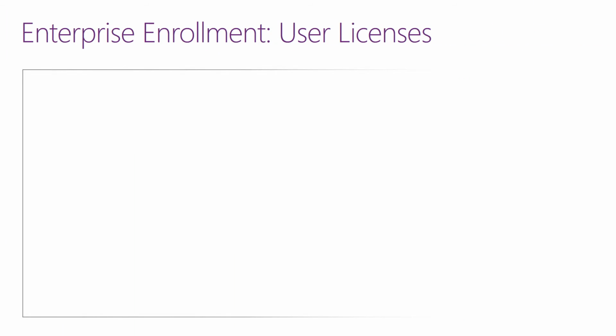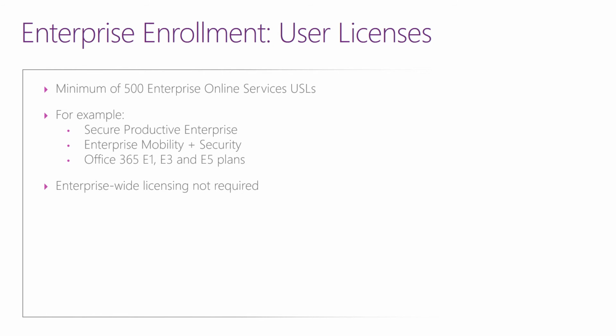In the same way that an enterprise enrolment based on devices needs to have a minimum number of devices that are covered with enterprise products, one that is based on user licenses needs to have a minimum number of enterprise online services ordered.